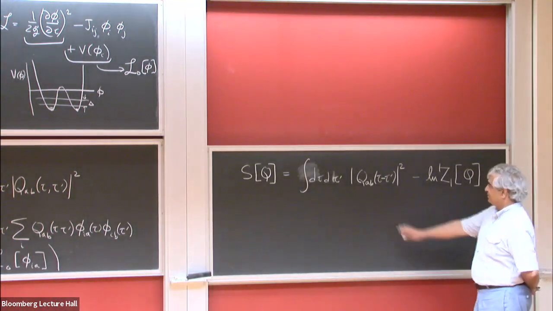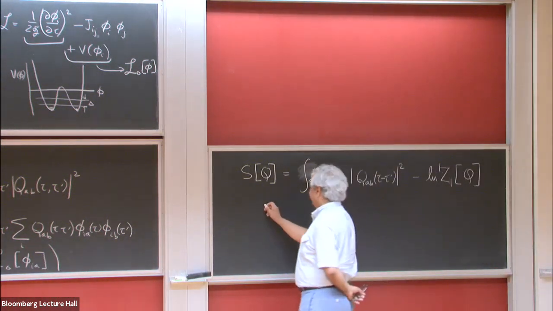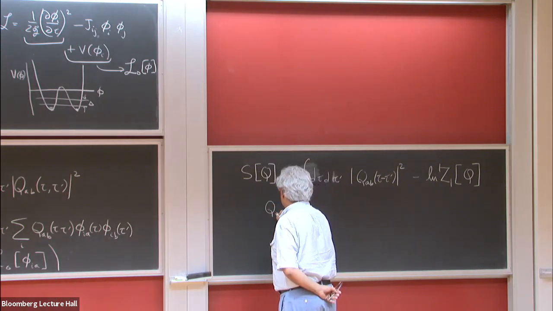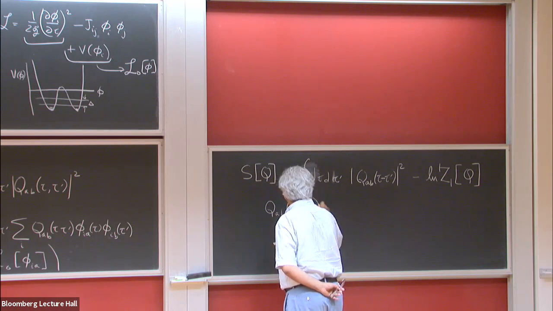All right, so our central actor is this object, Q_AB of tau minus tau prime.